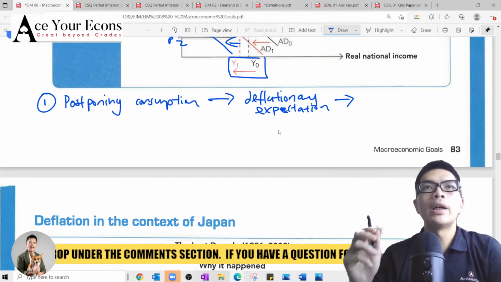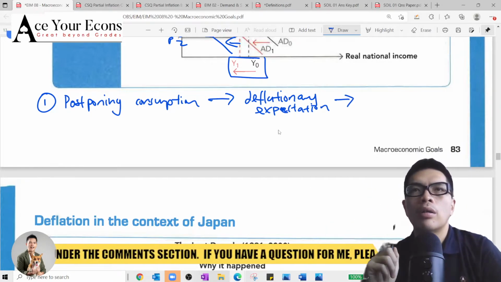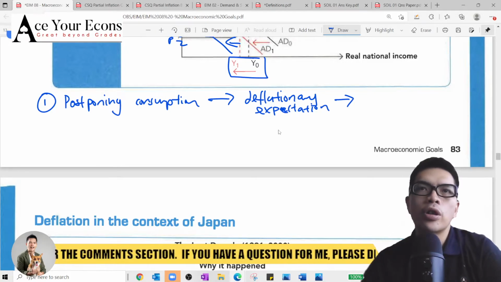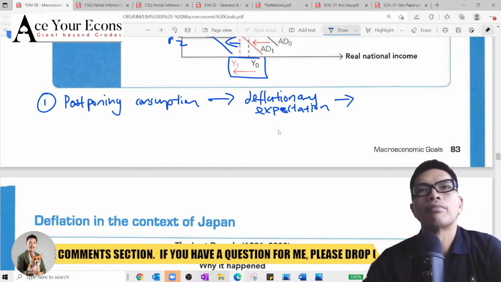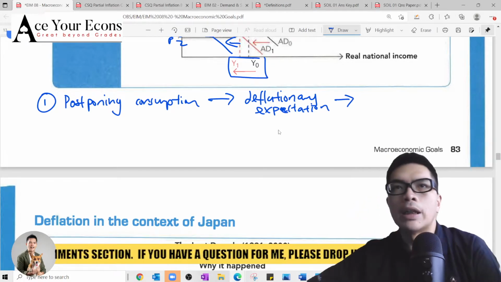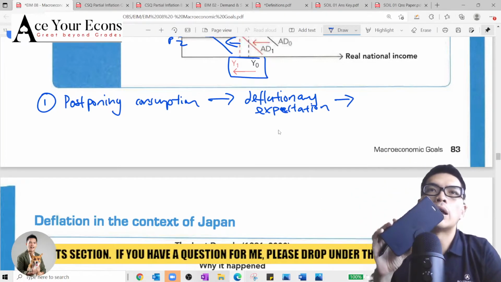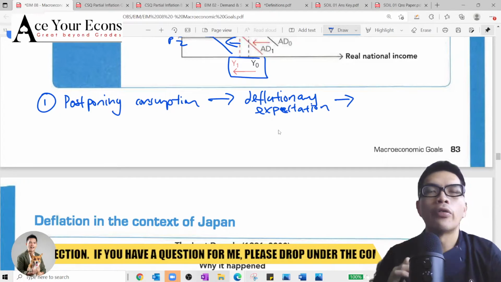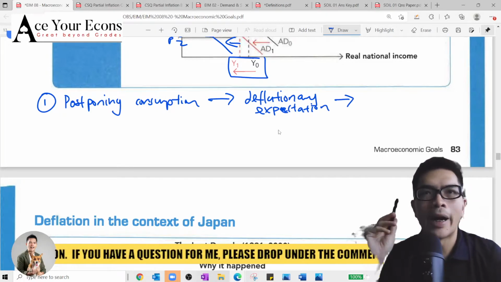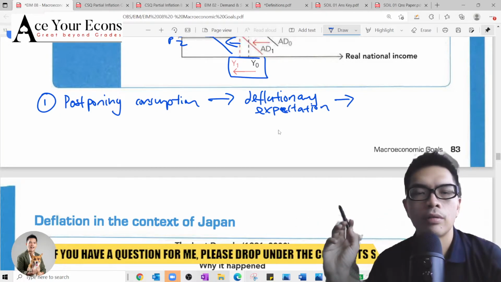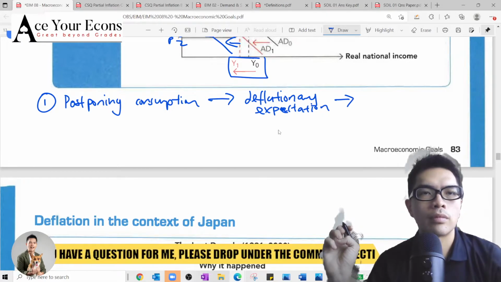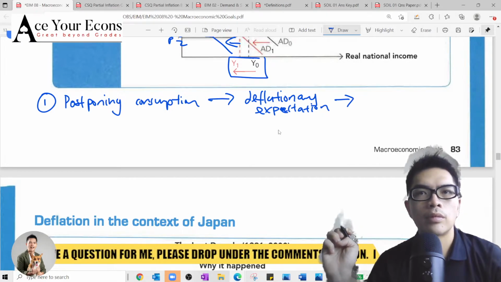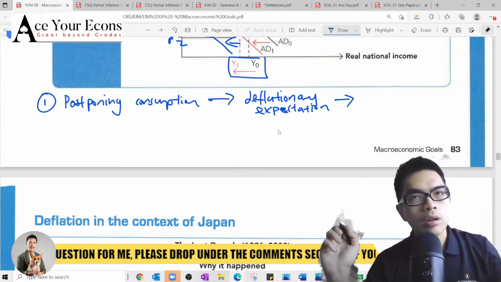So what happens when everyone is expecting future prices to fall? Let's say you are saving money to buy a handphone. If you expect the phone prices to fall tomorrow, would you buy today or buy tomorrow? Type it out. You'll buy tomorrow, right?